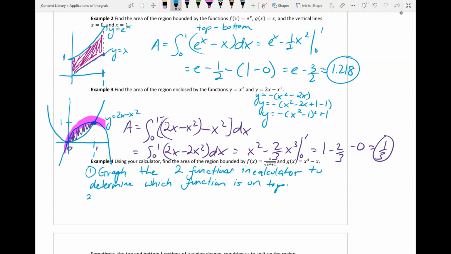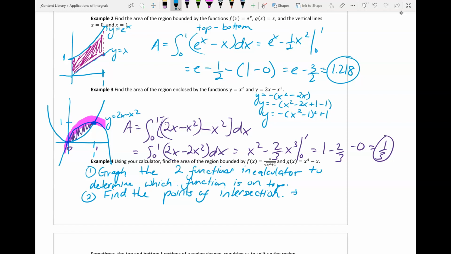Then afterwards, with that graph, find the points of intersection. So once you graph those two graphs, you're going to use your graphing calculator to find the points of intersection.